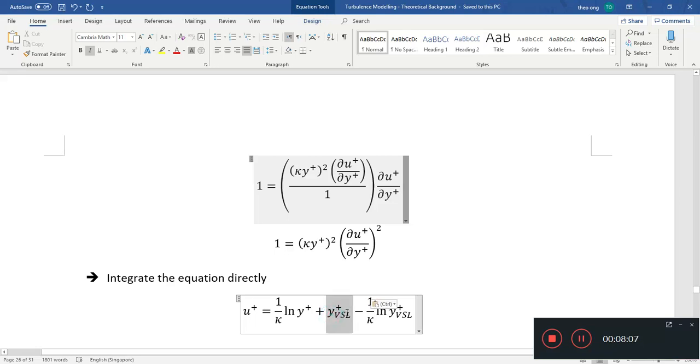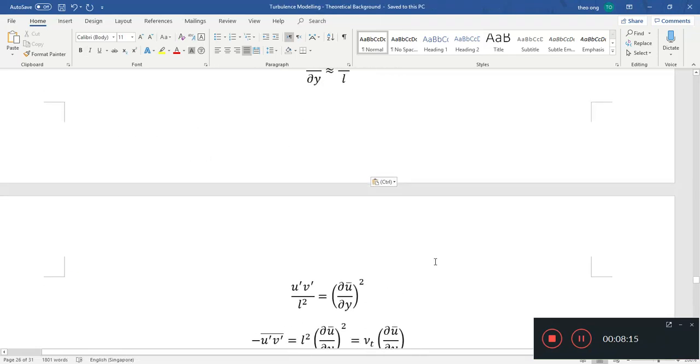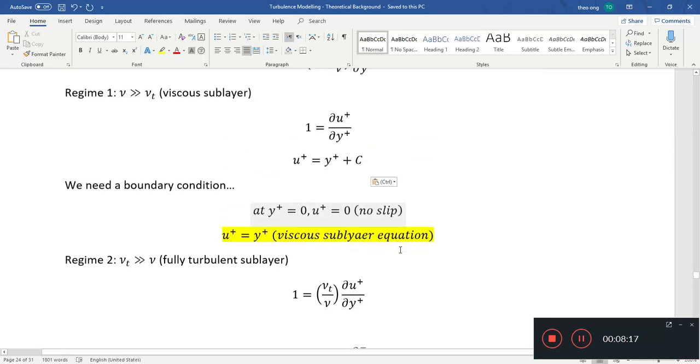What is this VSL here? Remember, we have two regimes, right? This is from the textbook after you integrate, so I'm not going to integrate. But remember, we have these two regimes. One is the viscous sublayer, where the natural viscosity is more than the turbulent viscosity, in fact much more.